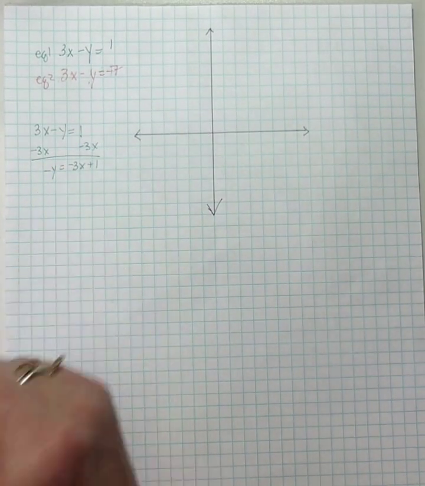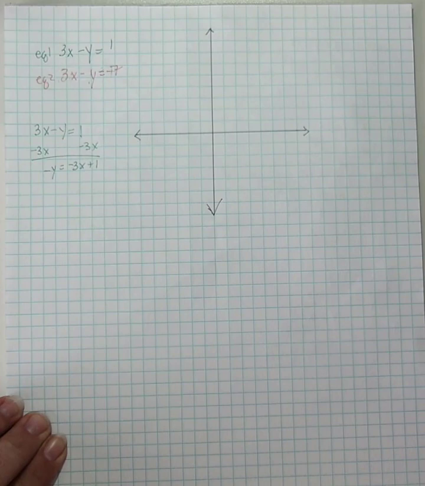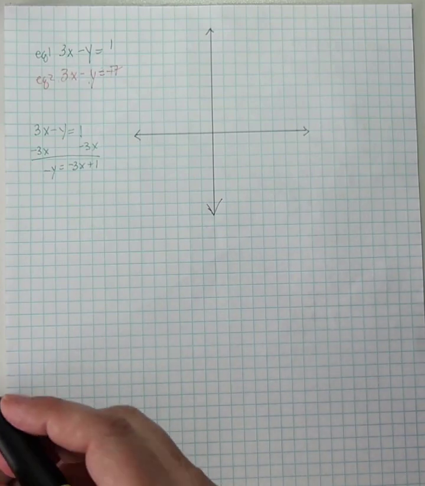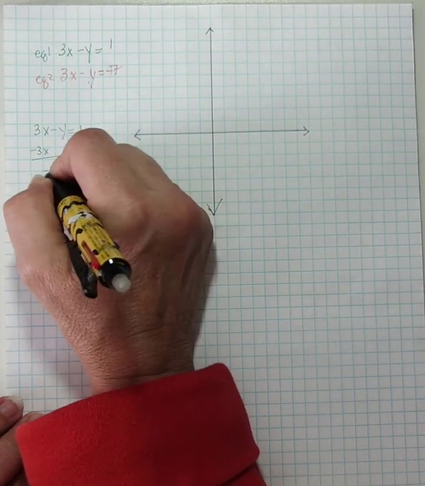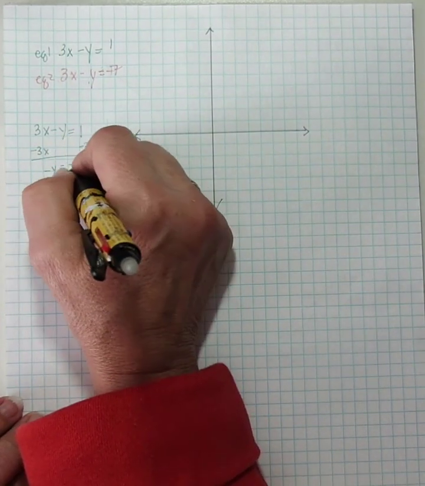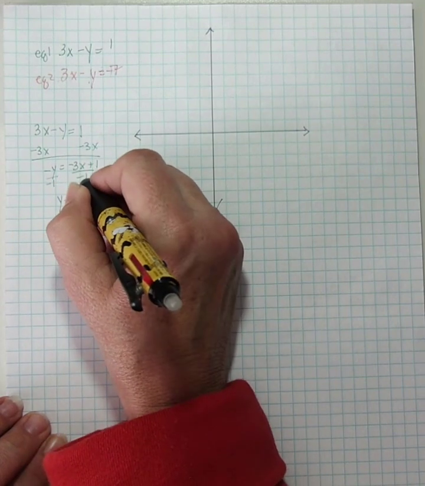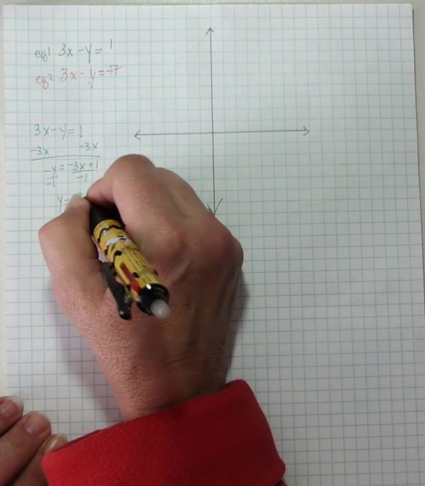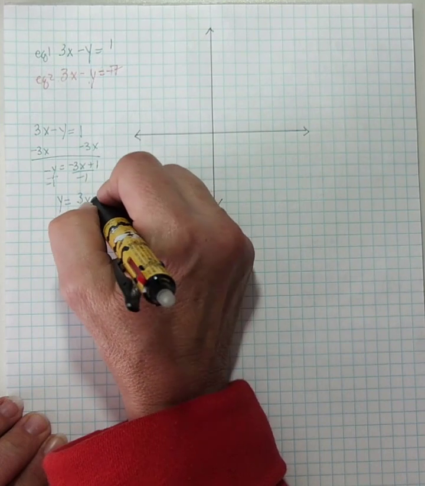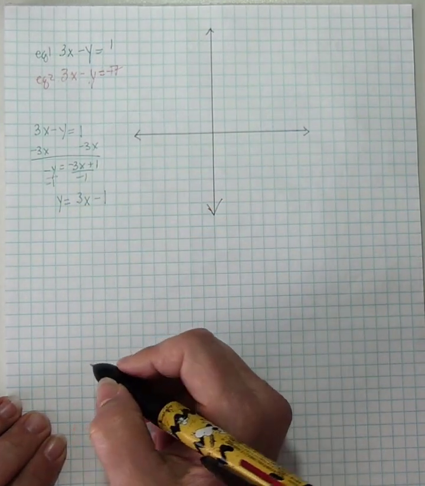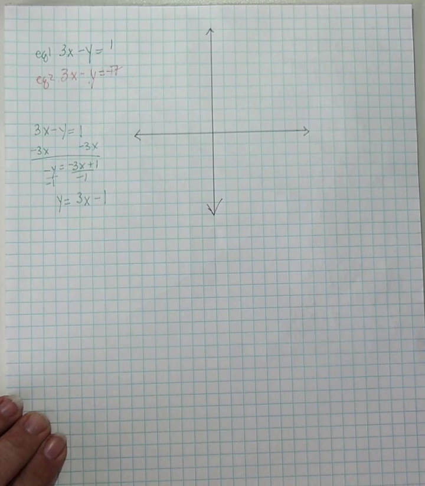And since it's got a negative coefficient, negative 1, I'm going to either divide or multiply by negative 1, whichever way you like to think about it. So I'm going to divide by negative 1. Y would equal negative 3x over negative 1, which gives me positive 3x, and 1 divided by negative 1 would give me a negative 1. Okay, just changing the signs on the whole equation.